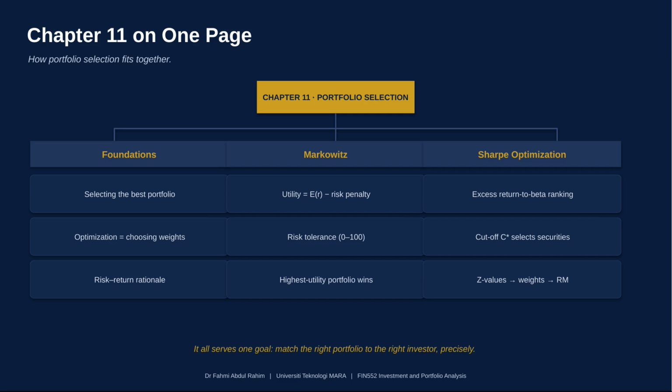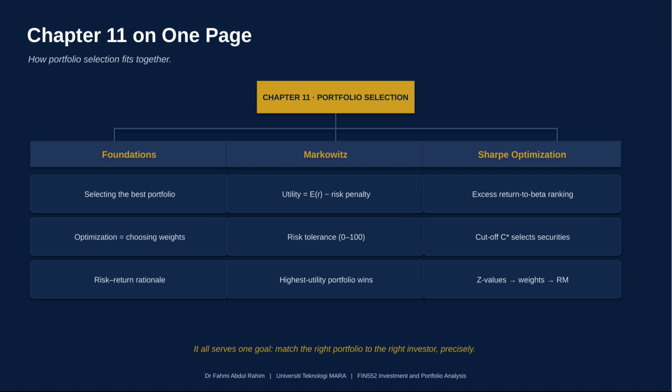The second pillar, Markowitz, covers the utility formula, expected return minus a risk penalty, the risk tolerance scale from 0 to 100, and the rule that the highest utility portfolio wins. The third pillar, Sharpe optimization, covers the three-step method, ranking securities by excess return to beta using the cut-off C star to select which securities are in, and turning Z values into weights and finally into ringgit.